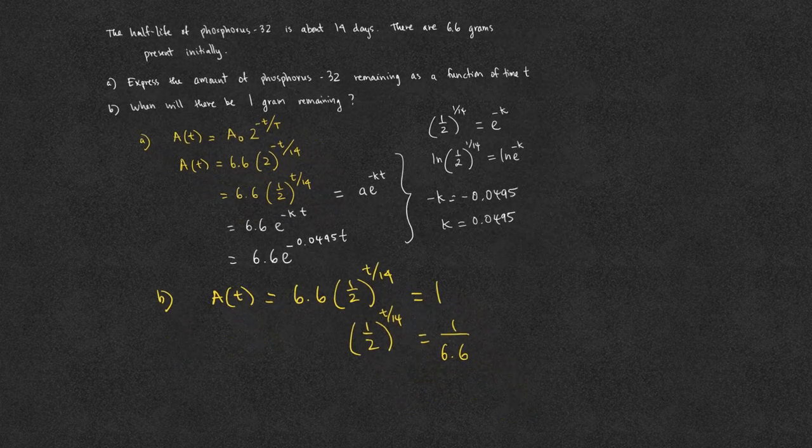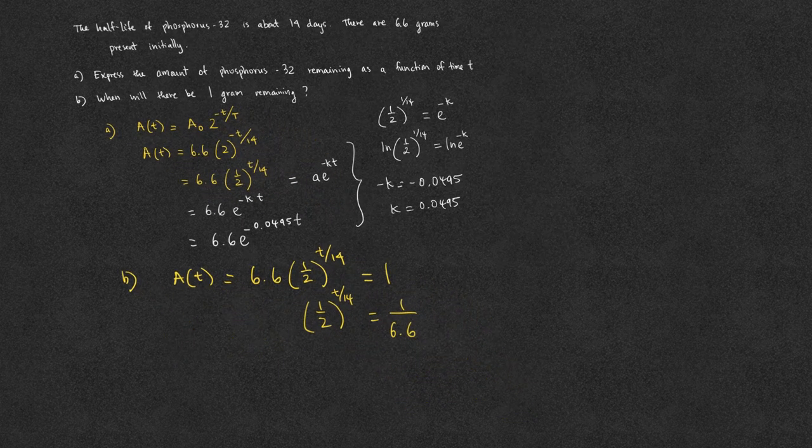We then ln both sides of the equation to get ln of 1/2 to the t over 14 equals ln of 1 over 6.6.